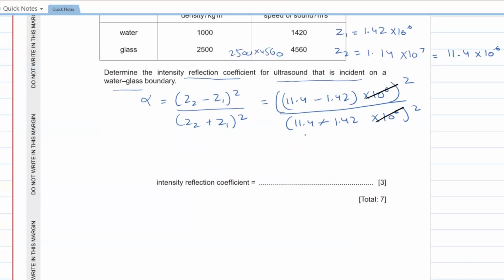What will be remaining? 11.4 minus 1.42 whole square divided by 11.4 plus 1.42 whole square. Can you calculate this answer? What does this answer come out to be? 0.61. Simple.